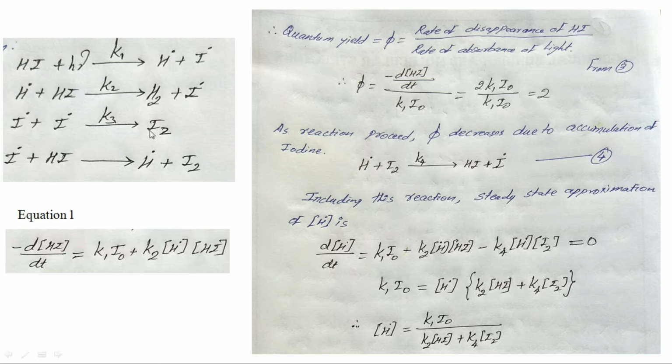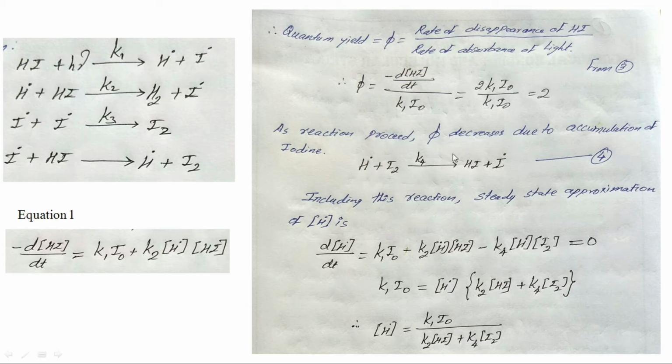And the decrease in quantum yield is due to this particular equation where hydrogen free radical reacts with accumulated iodine to form HI and iodine free radical. Let me consider K4 is a rate constant of this equation. Now in this particular fourth equation, hydrogen free radical is involved.